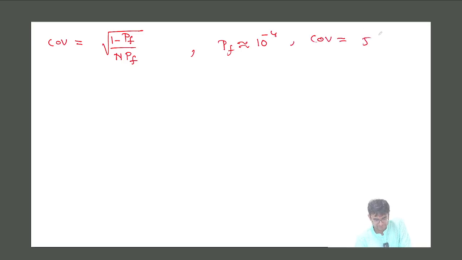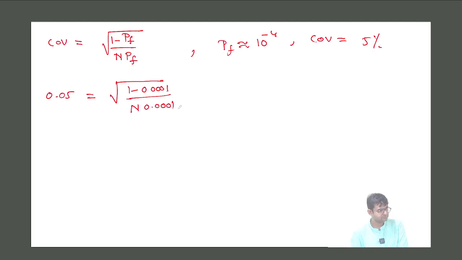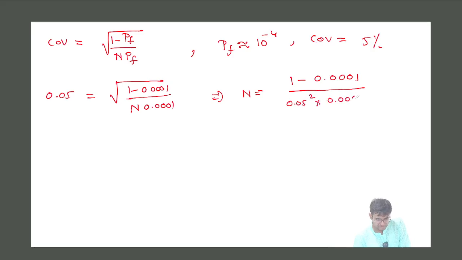So this is equal to 5%, which means 0.05 is equal to the square root of (1 minus 0.0001) divided by (n times 0.0001), right, which means n is equal to, I will take a square, (1 minus 0.0001) divided by 0.05 whole square multiplied by 0.0001, right.